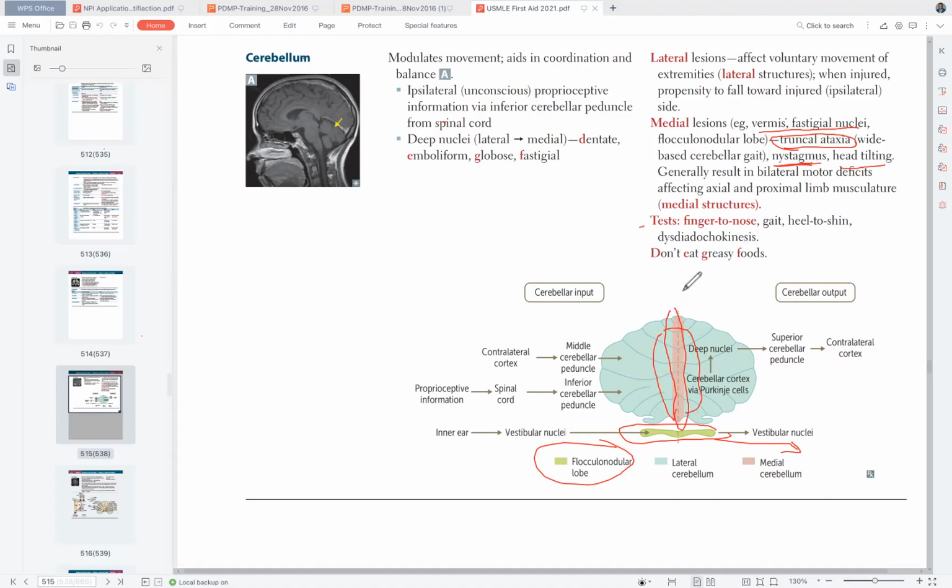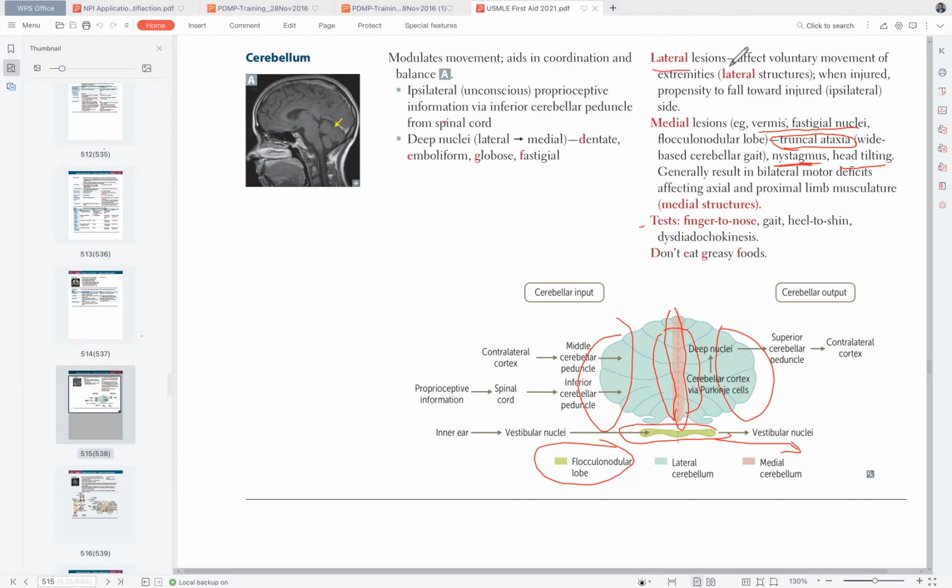And just so I would put this, just align this with our body. Okay, you see how the trunk is in the middle of the body, right? It's the same organization. The trunk is in the middle of the body, so the vermis is in the middle, and the limbs, the peripheral nuclei, are to the side.